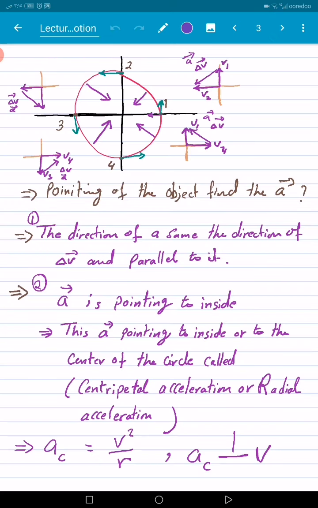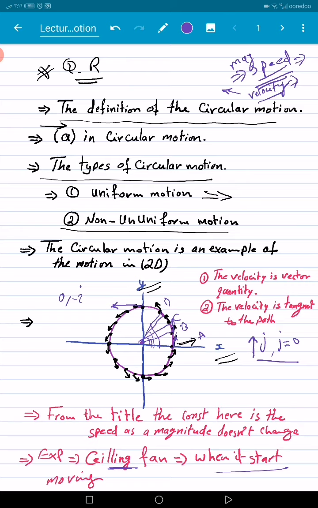Now, where is the acceleration? Or how can I find the acceleration in circular motion? For example, there are many points here, so I take 4 points: 1, 2, 3, 4.